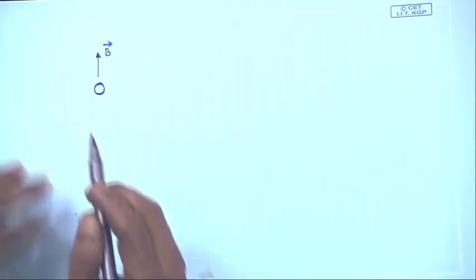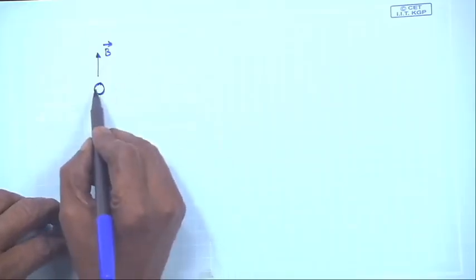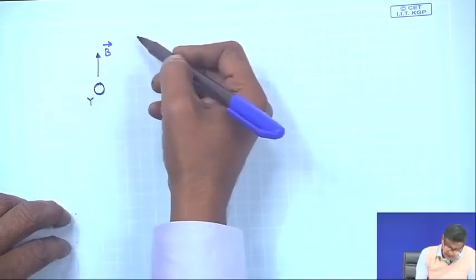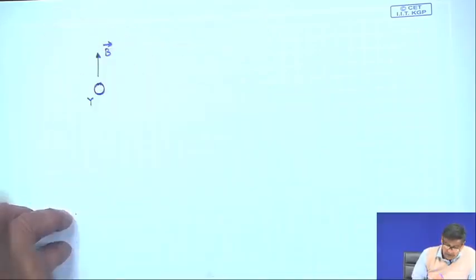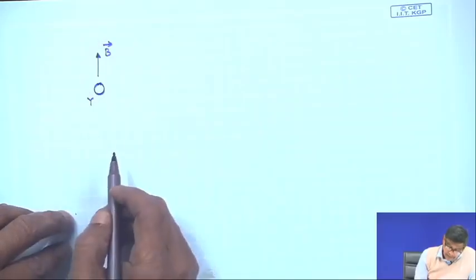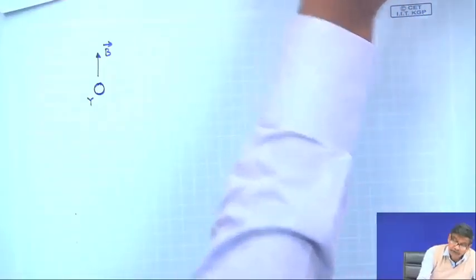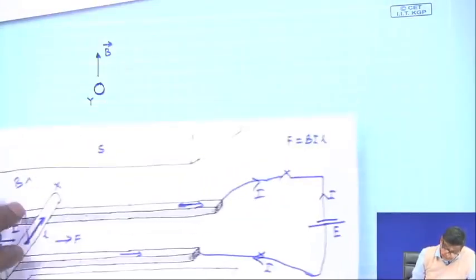So, this is B, and this end is the end y of the conductor, the other end is x, which I cannot see, because I am looking from this end. But I can connect a battery also, for example, this one.